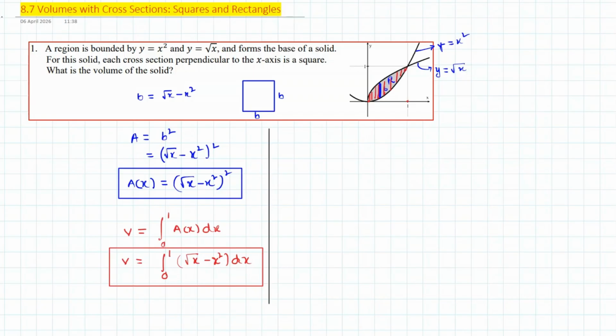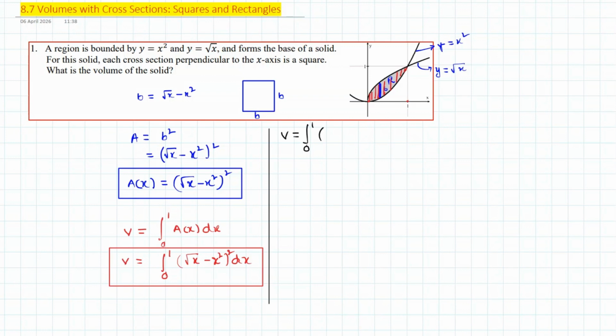So we have V equal to the integral from 0 to 1, and we have a square here. First we can simplify this.